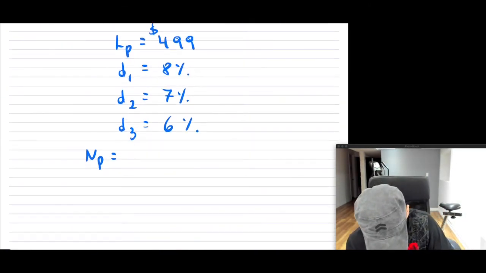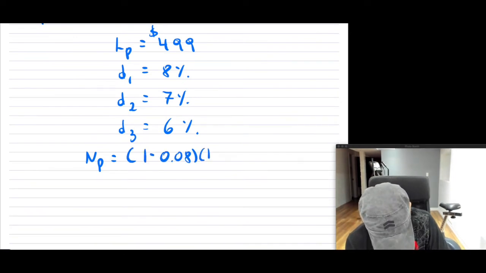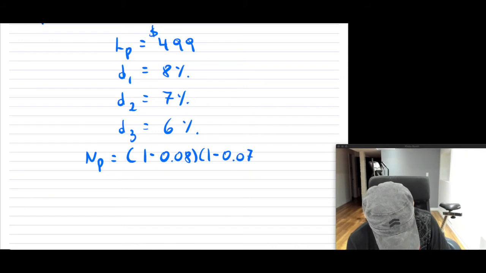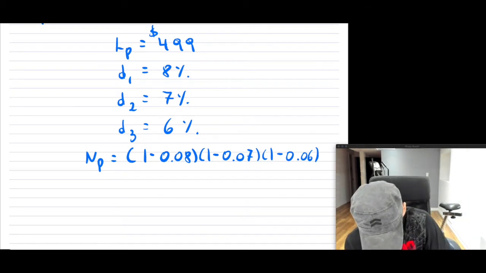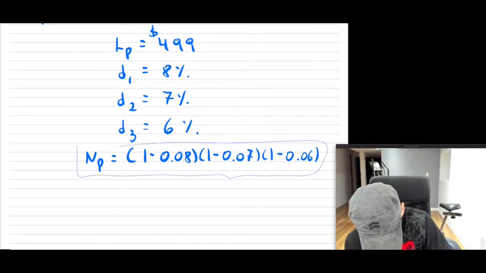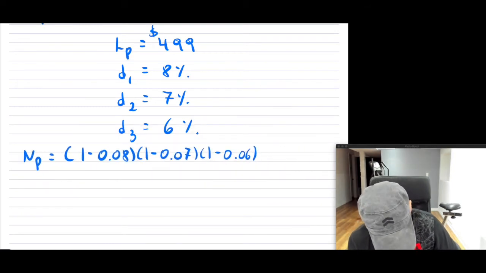So I'm going to just substitute this right in. So 1 minus first discount, 1 minus my second discount, 1 minus my third discount. Let's shift this over a bit. And my list price is $4.99.